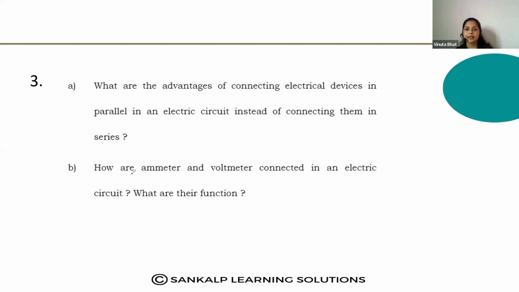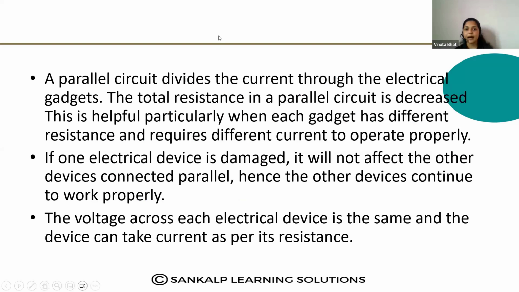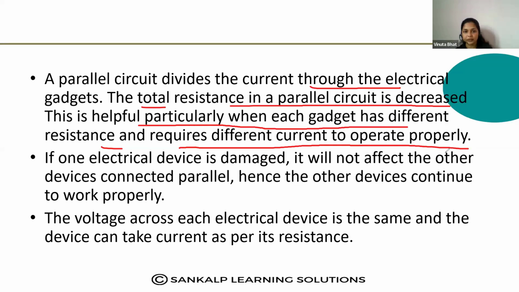What are the advantages of connecting electrical devices in parallel instead of in series? A parallel circuit divides the current through the electrical gadgets, and the resistance in a parallel circuit is decreased. This is helpful particularly when the gadgets have different resistances and require different currents to operate properly.